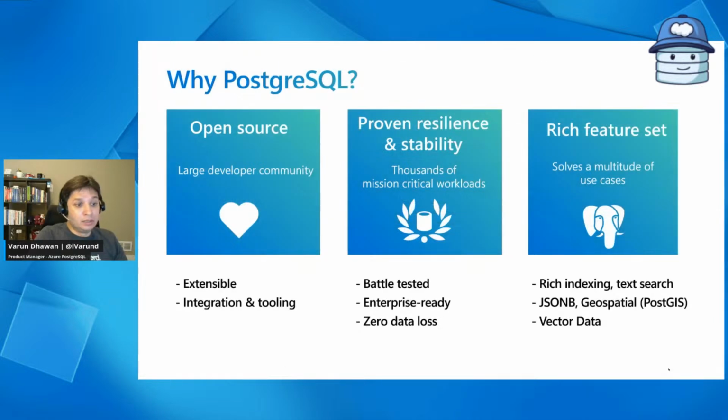Postgres is open source, and it's been around for 3 or 4 decades. It's very extensible compared to some of the proprietary database engines, where features are available with every release. In Postgres, the community decides what to keep within the core engine.